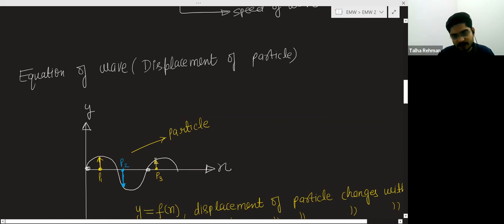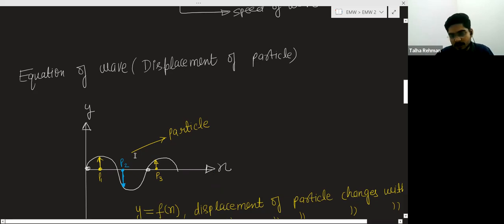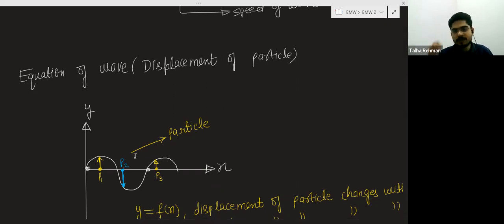So with x also, the displacement of different particles is changing. So you can say the displacement of the particle is a function of x also.